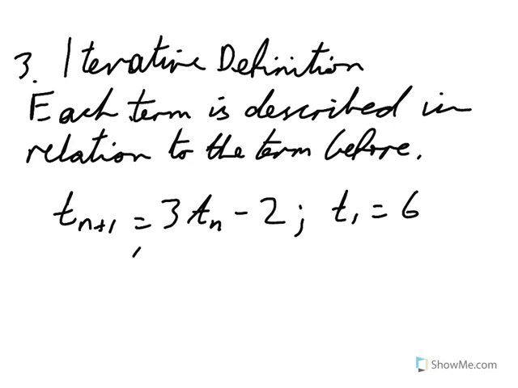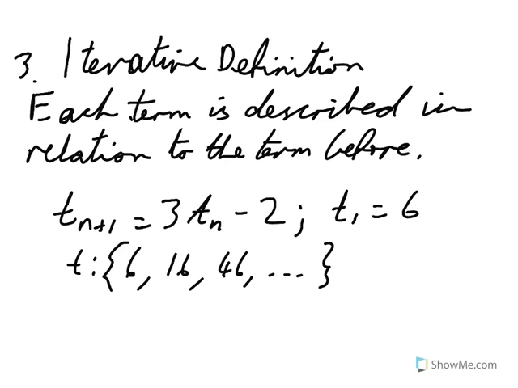So if term 1 equals 6, this one would go 6 to start off with, then you've got 3 times 6, take 2, 18, take 2 is 16. Then you've got 3 times 16, take 2, 46, and so on.